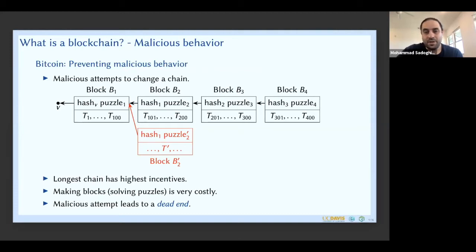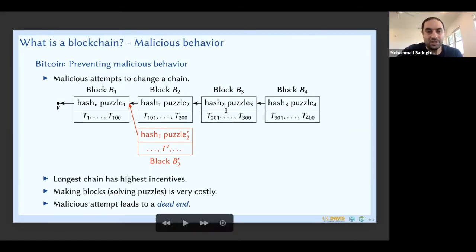Depending on the threshold, you probably need at least 30% of the overall computational power to be able to reverse the history. That makes the blockchain fundamentally resilient, because of the proof of work that gets stamped on every block that gets created. We also talked about the economic aspect of it. I'm not going to go over those parts again.